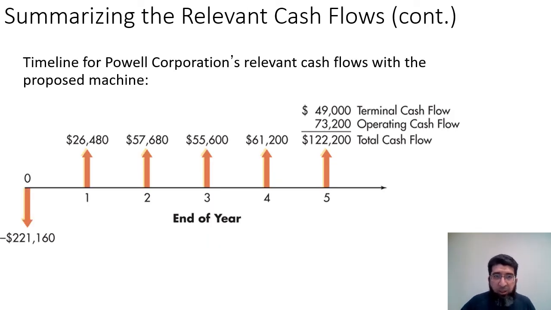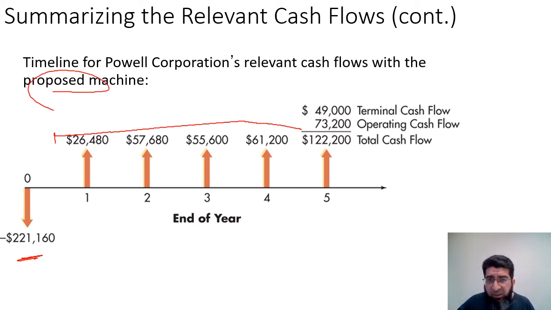So this is the timeline of PC relevant cash flows, and you can see this was the initial cash flow that we calculated. These are the incremental cash flows, or the proposed machine cash flows, and this is the terminal cash flows. So the last cash flow has the terminal component as well as the operating component, which is mentioned here.